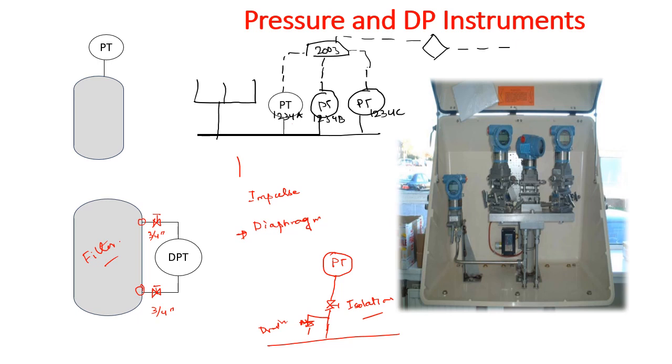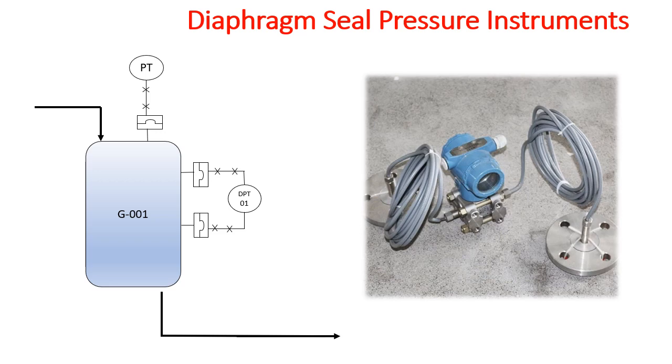Okay, now let's look into another type of pressure transmitter. This is a diaphragm seal pressure transmitter. In this case, there is a flange connection on the vessel or on the pipeline, and this kind of flange gets attached through the nut bolts.